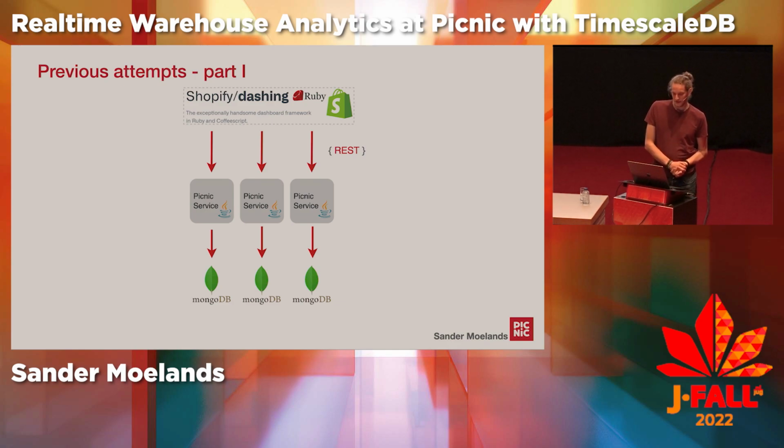So our first try was with a Ruby-based implementation called Dashing. I wasn't working at Picnic then yet, but I checked it, and this whole Dashing doesn't exist anymore. There's a follow-up, but don't use this. It's basically a Ruby implementation, and what we did is, via REST calls, basically call into our different services, primarily Java-based.